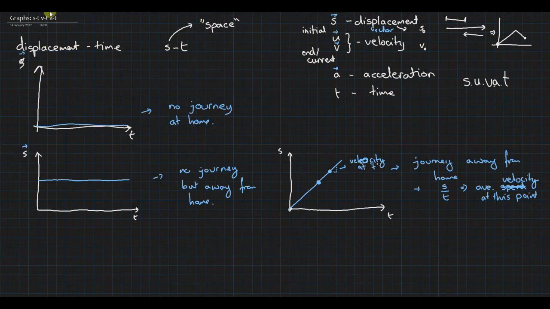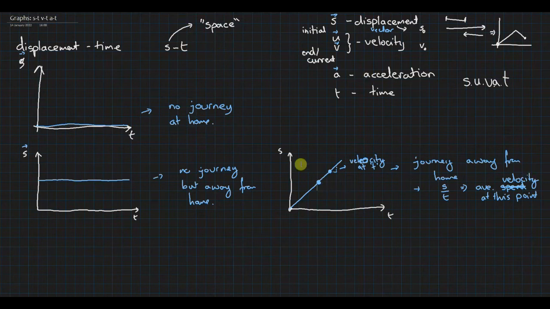Okay. So at the point, if you do S over T, that's your average velocity or average speed at the time. If you calculate the gradient at a point, that gives you the velocity at that instantaneous point in time.